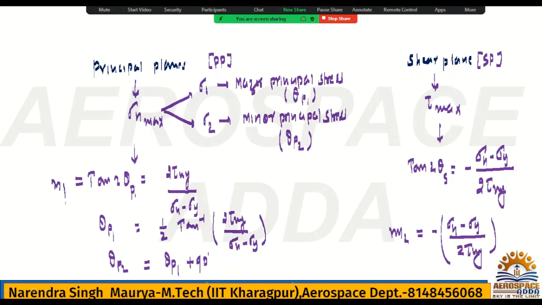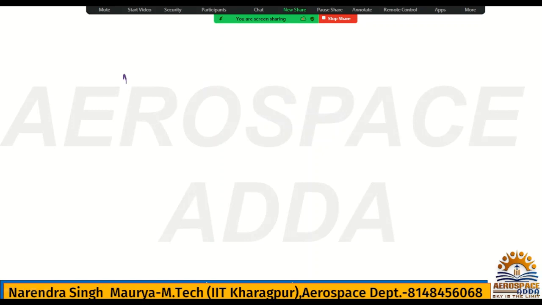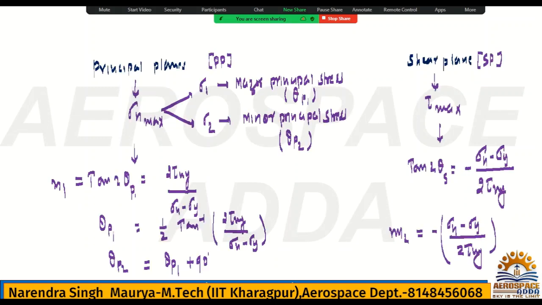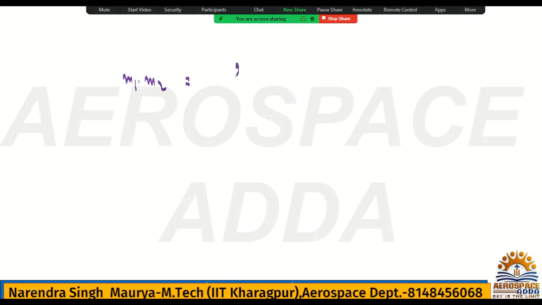Because if you go for this, then you may see the angle between these two. See, if you check m1 into m2, m1 is nothing but 2 tau xy over sigma x minus sigma y, into m2, which is for the principal plane, nothing but sigma x minus sigma y over 2 tau xy, with a minus sign.